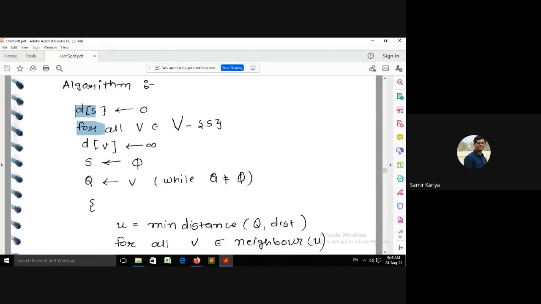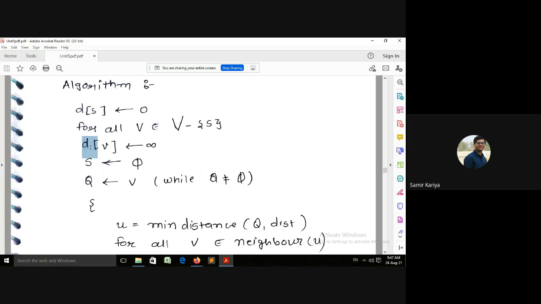D of S is the distance of the source, initially 0. For all vertices in capital V minus S, that means S is your source, we simply ignore the source, since except for the source node we have to cover all other nodes.